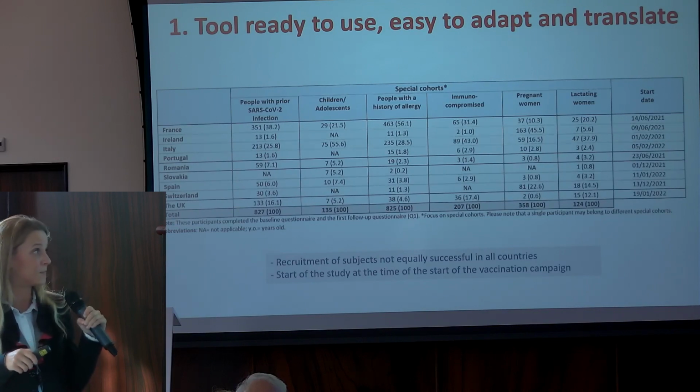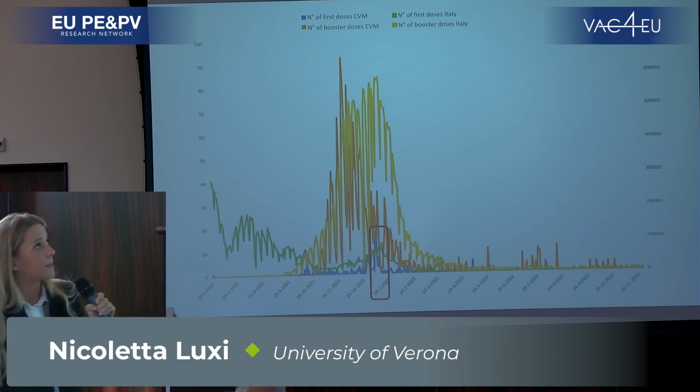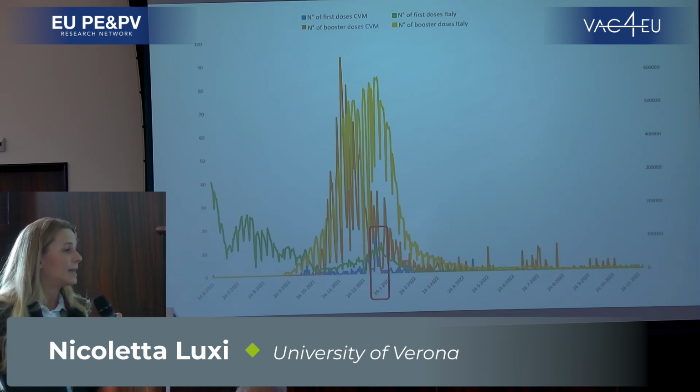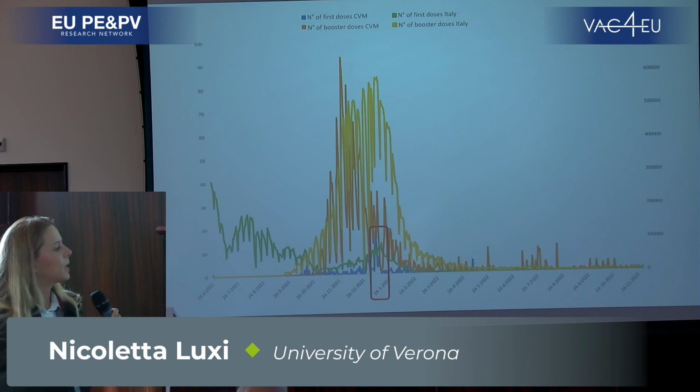And this is an example of vaccinees recruited in Italy in relation to the vaccination campaign in Italy. And if we have a look at the start, okay, we started the study here, and the vaccination campaign was already advanced in Italy.